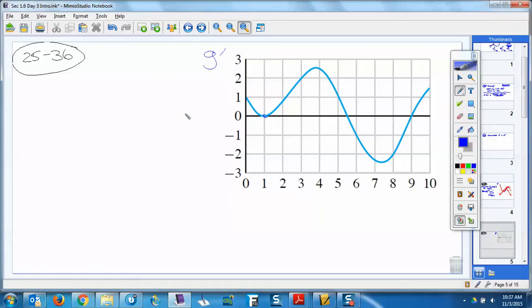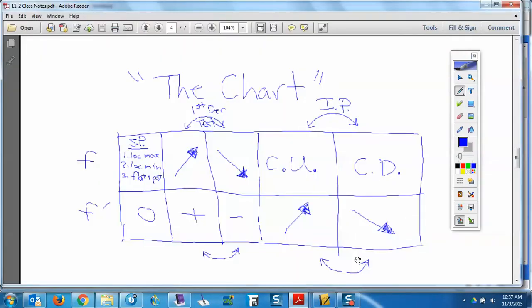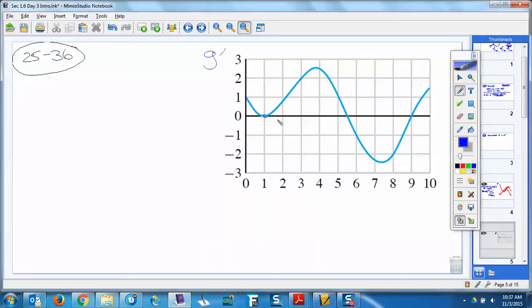All right, so 25 says, where is g increasing? Well, g is increasing when g prime is positive. So we're looking for where this graph is above the x-axis. Now, this gets a little bit towards what Lauren was saying.